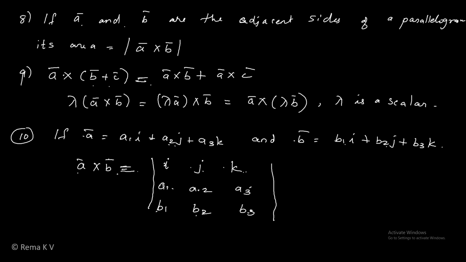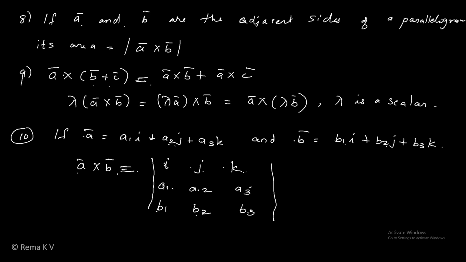So the results once again: if A and B are two vectors, then A cross B is also a vector. If either A or B is a zero vector, then the cross product will also be a zero vector.